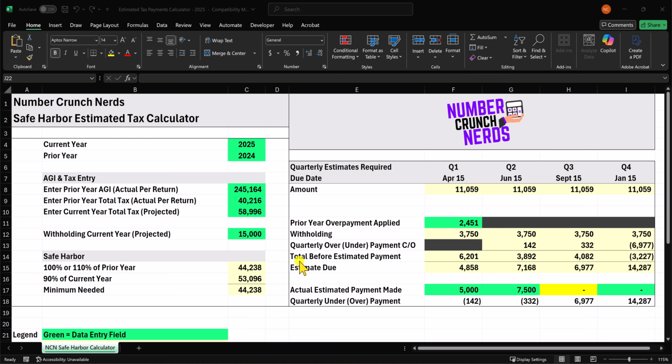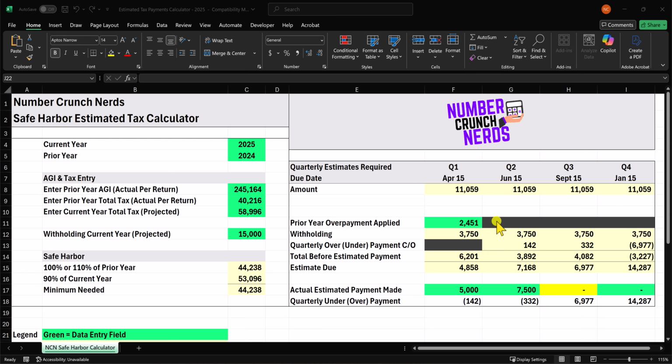Okay, the next item in the calculator is going to be the total amount that you have paid in already prior to determining your estimated tax payment for the quarter. In this case, we have $2,451 of overpayment applied. We also have $3,750 of deemed withholding in Q1. And therefore, when we total those two up, we have $6,201 already paid in for Q1.